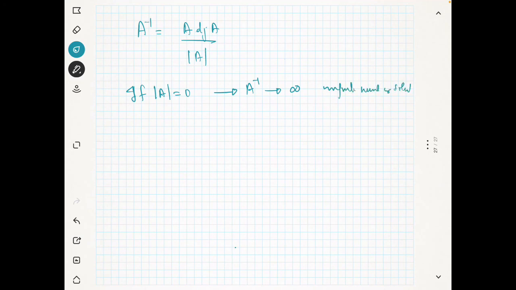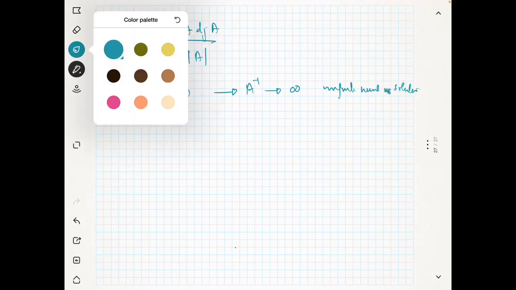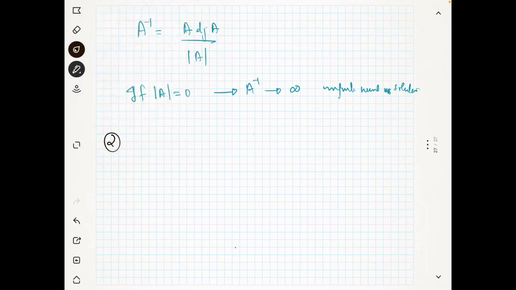You know that A inverse is nothing but adjoint of A divided by determinant of A. So if the determinant of A is equal to 0, then A inverse will actually be infinity. That means you have infinite number of solutions, and it's not possible to solve it correctly. So next we will see the second case.